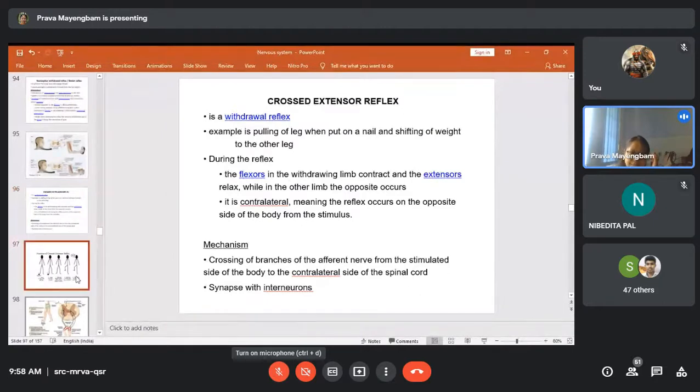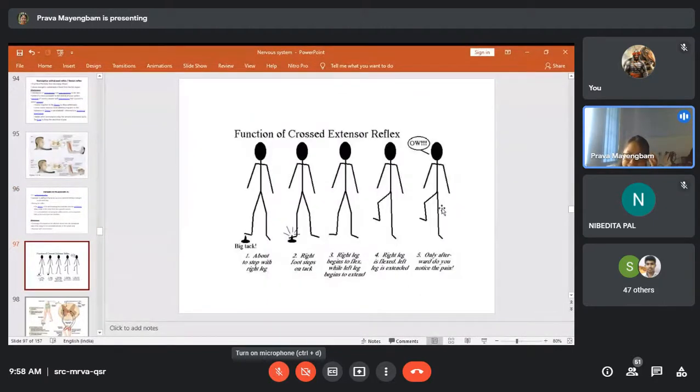So in this, extensor muscles on the opposite leg are involved, which shifts the gravity to the other side. That means due to the instantaneous lifting of this leg, the opposite leg carries the gravity.